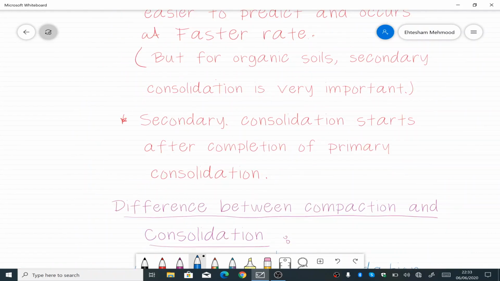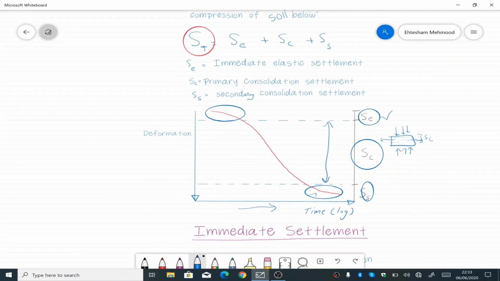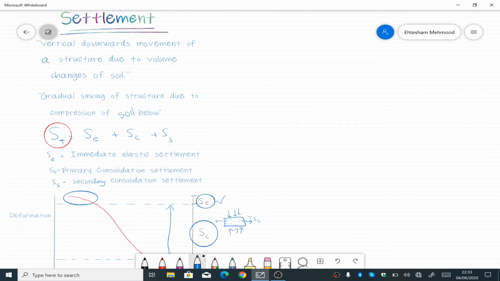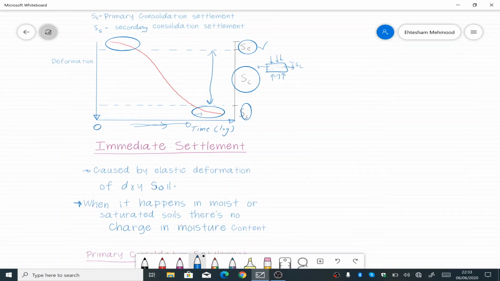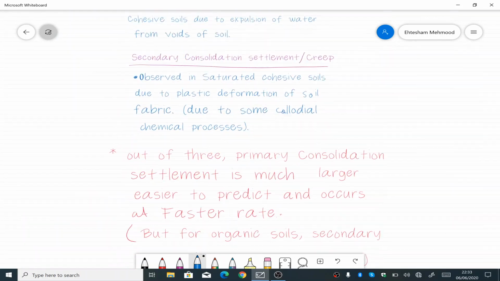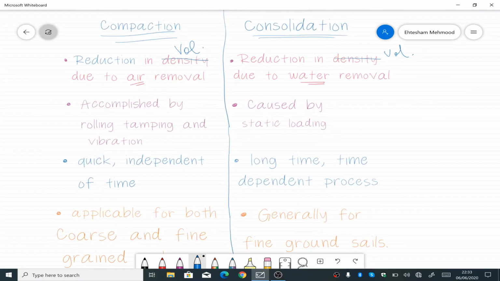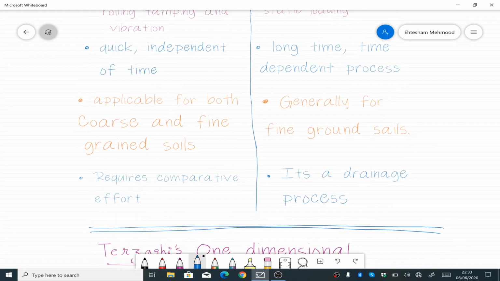If we go back to the graph that we've already seen, you see here the time is increasing from left to right. So with the increase of time, the settlement is also increasing. That's why it is written here that compaction is a time independent process, whereas consolidation is a time dependent process, and obviously a very slow process.